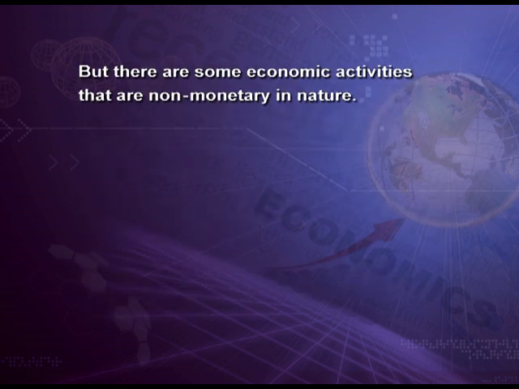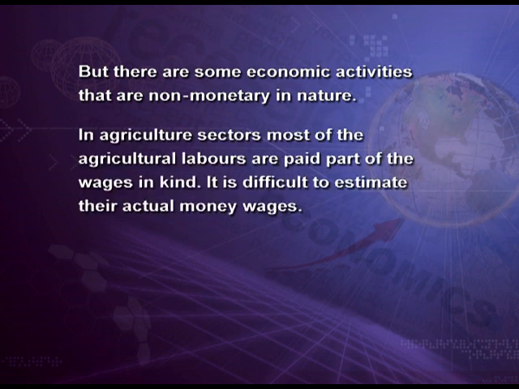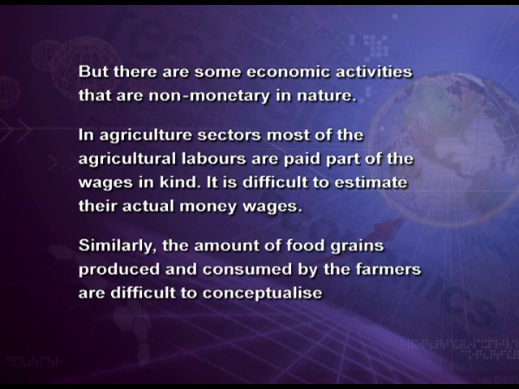But there are some economic activities that are non-monetary in nature. In the agriculture sector, most agricultural laborers are paid part of their wages in kind. Now it is difficult to estimate their actual money wages. Similarly, the amount of food grains produced and consumed by the farmers is difficult to conceptualize.